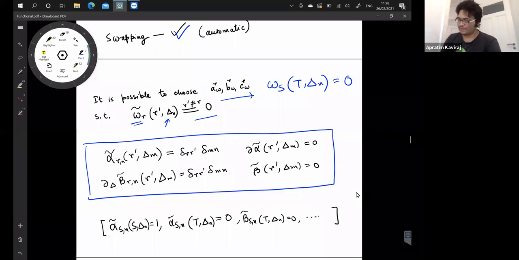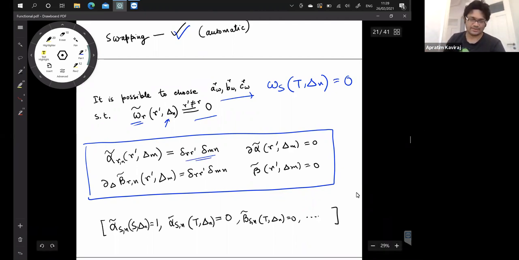By the way, the simple functionals, I denote them as alpha tilde and beta tilde, and you can have the property that alpha tilde R, its action on R prime at double trace guys, is given by the delta functions, and otherwise the derivatives are 0, and similarly for beta.